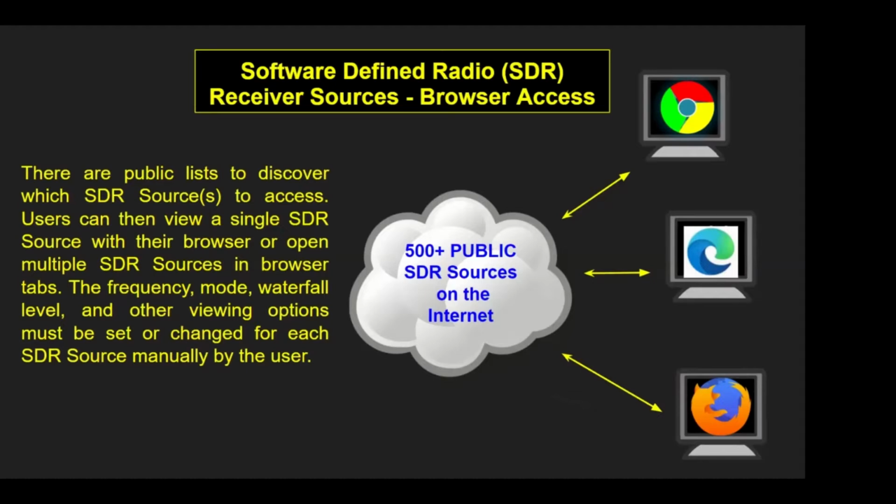If you want to access more than one, you can open multiple browser tabs and have one on each tab. But the frequency and the mode and the other options, the waterfall level, would have to be changed for each source manually by the user. So when you, particularly if you get to a scenario where there's multiple.